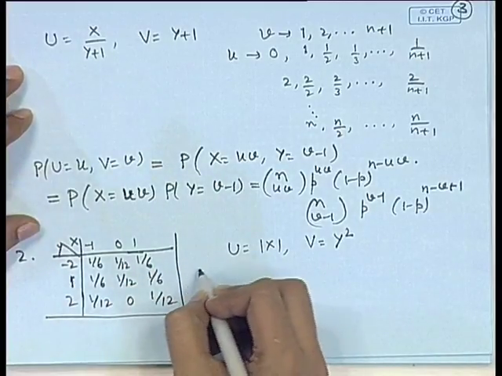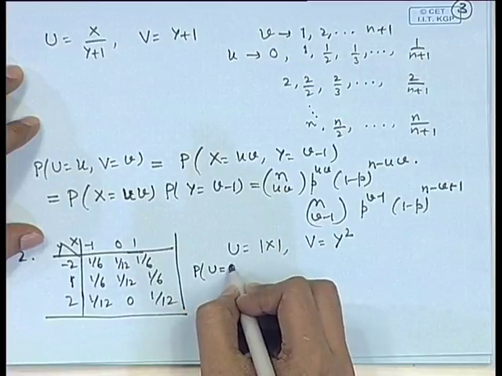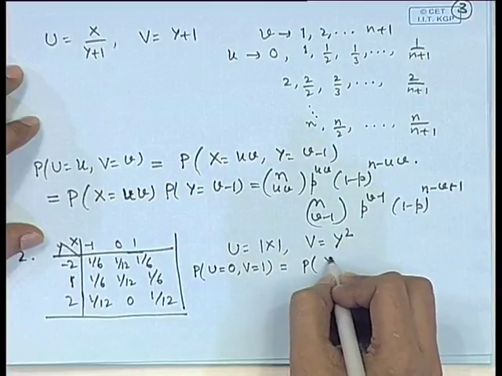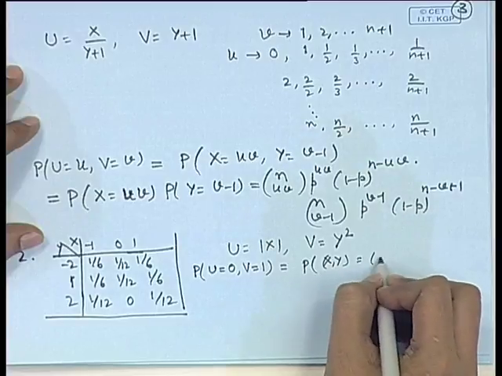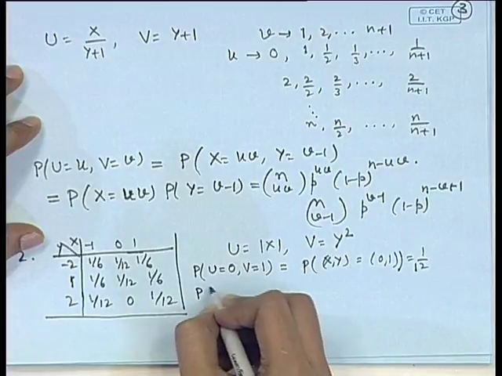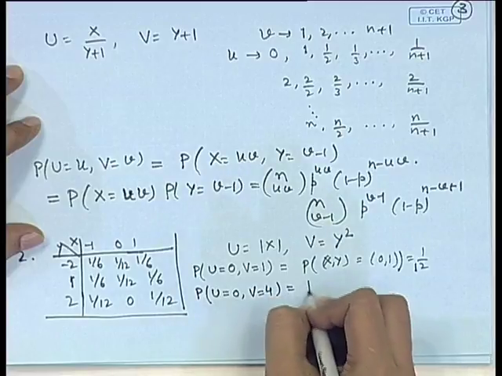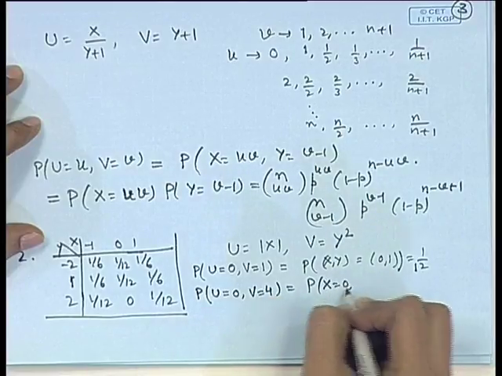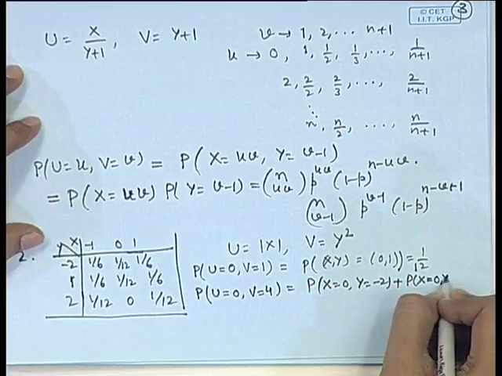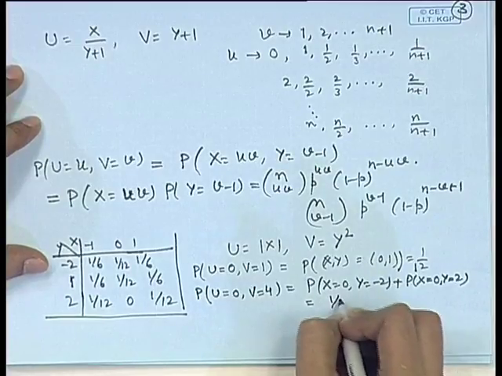So, the joint distribution, that is probability, say u is equal to 0, v is equal to 1, is simply probability of x, y equal to 0, 1, that is 1 by 12. If we look at what is the probability of u is equal to 0, v is equal to 4, it is the sum of probability x is equal to 0, y is equal to minus 2 plus probability x equal to 0, y is equal to plus 2. So, if we add these probabilities, we get 1 by 12.